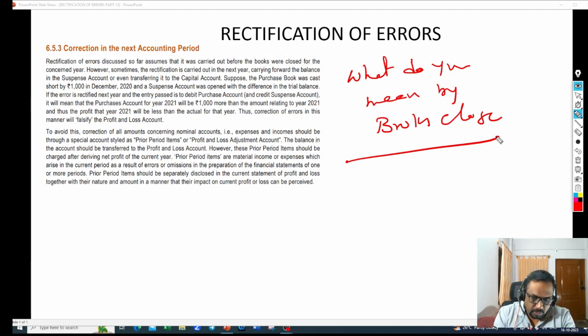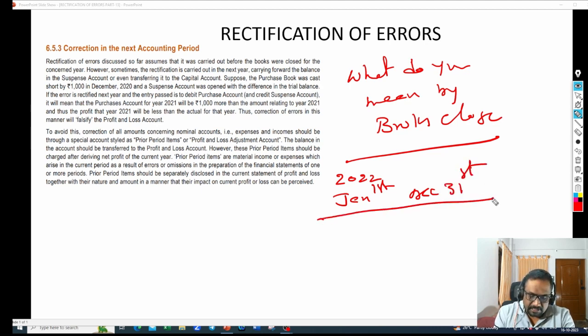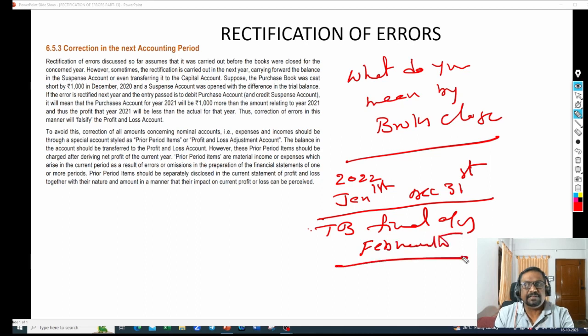For example, January 1st to December 31st, 2022 is the accounting year I'm following, for one year. This one year is completed. I prepared my trial balance and I also prepared my final accounts by February month end. I'm just taking an example. I prepared my final accounts, everything is completed.